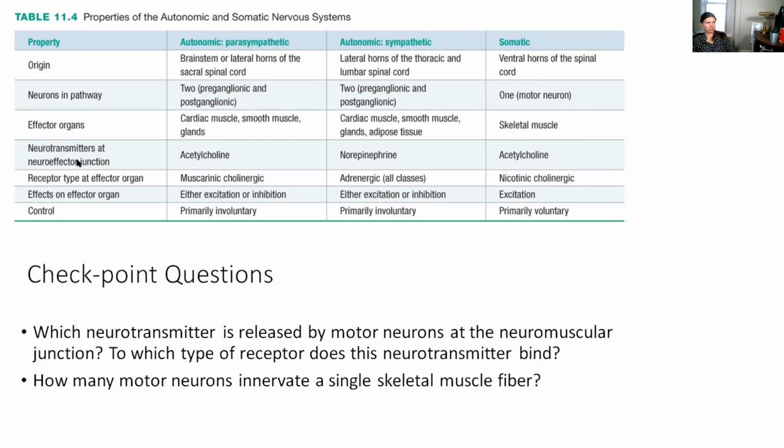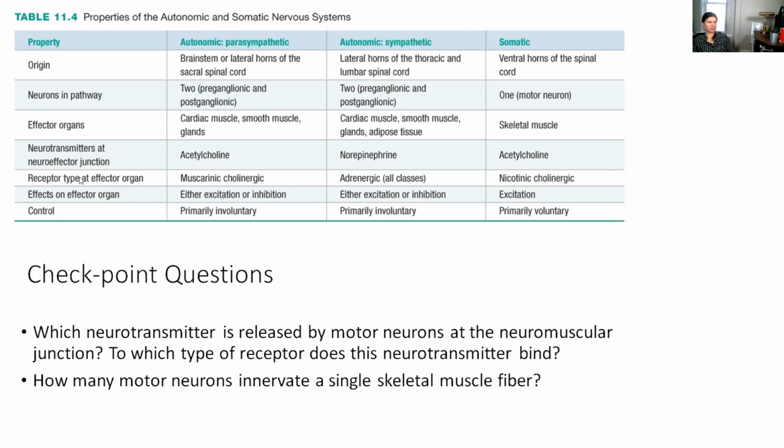So the neuroeffector junction for the parasympathetics and the sympathetics would be between, for example, our postganglionic cell and cardiac muscle. Okay, so at that neuroeffector junction, in our parasympathetics, we're going to see acetylcholine, just like for our somatics. And then our sympathetics would be the odd man out, because we're going to see mostly norepinephrine.